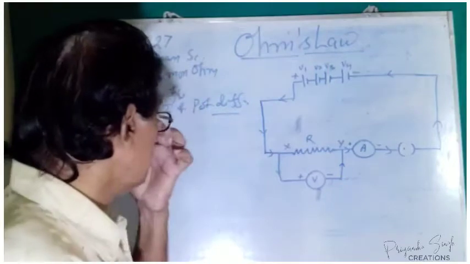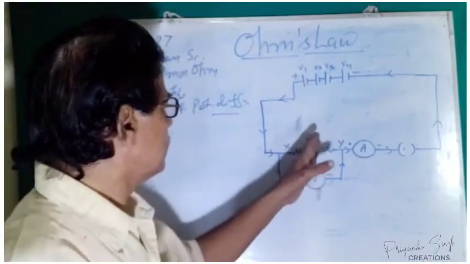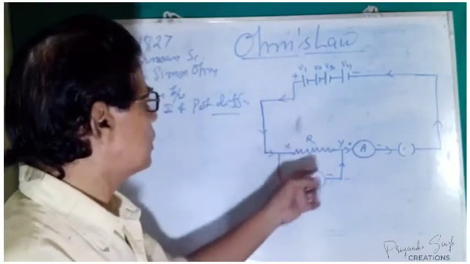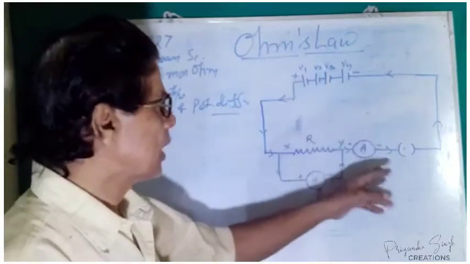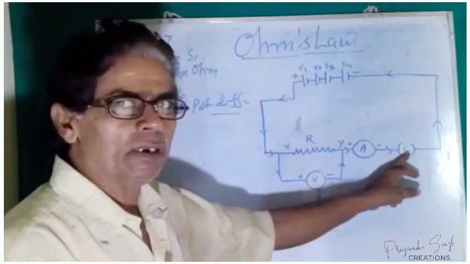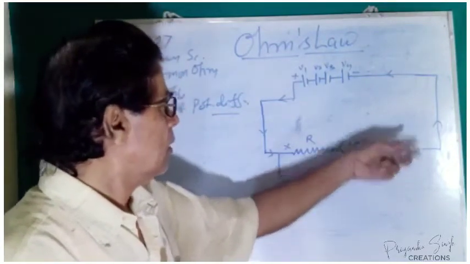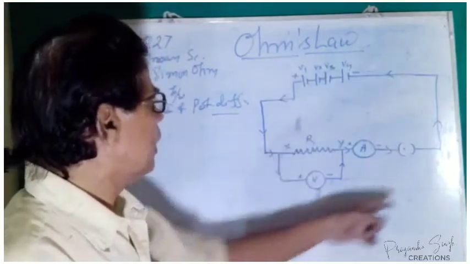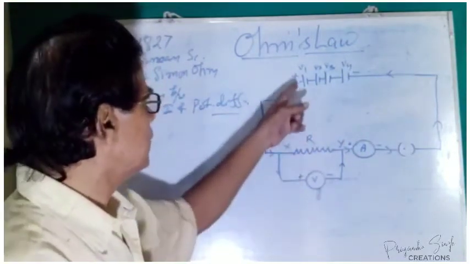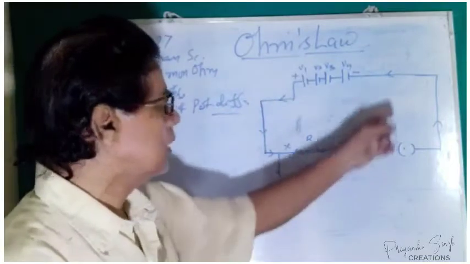Now suppose current is allowed to pass through the circuit by putting the key here, and this is the direction of electric current, that is from the positive terminal to the negative terminal.